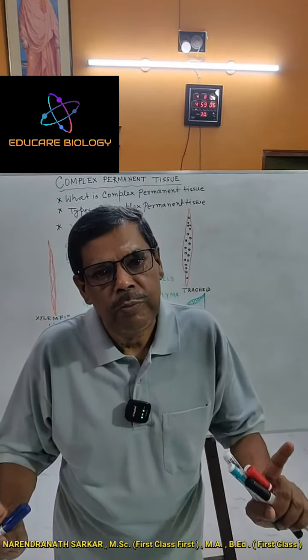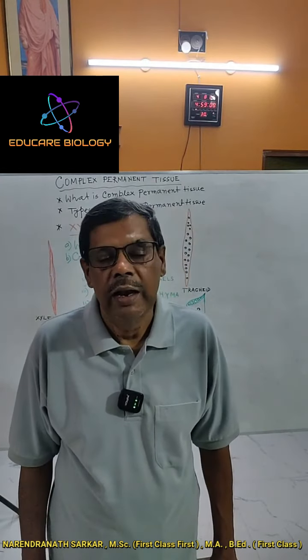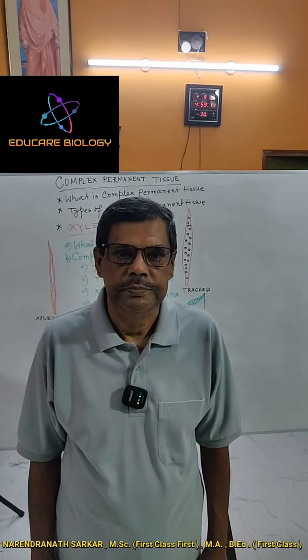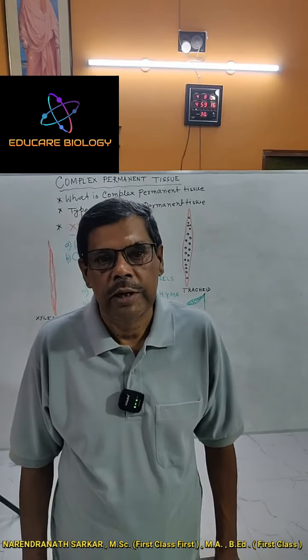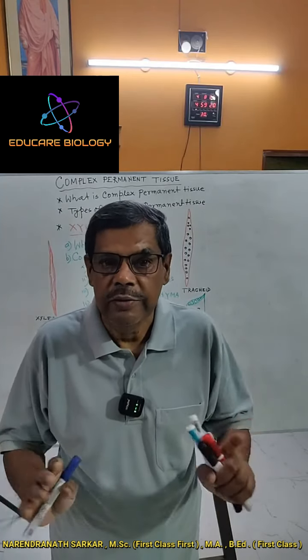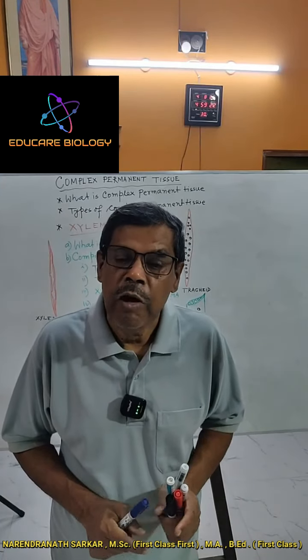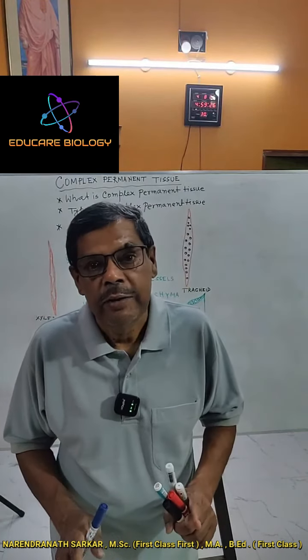There are two types of complex permanent tissue. One is xylem, another is phloem. Xylem and phloem together in plants perform the conduction of water and food material.